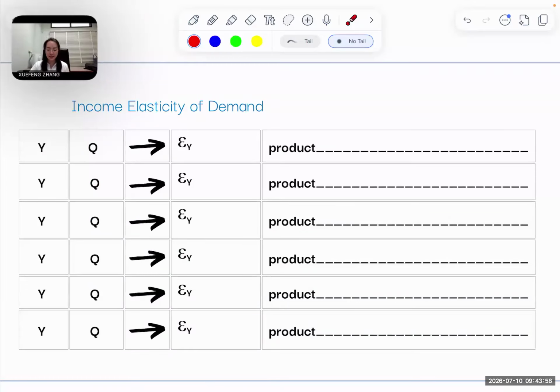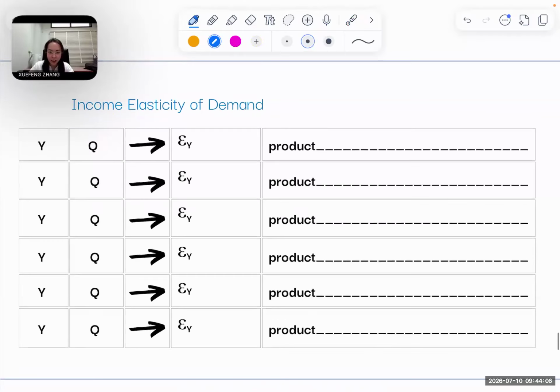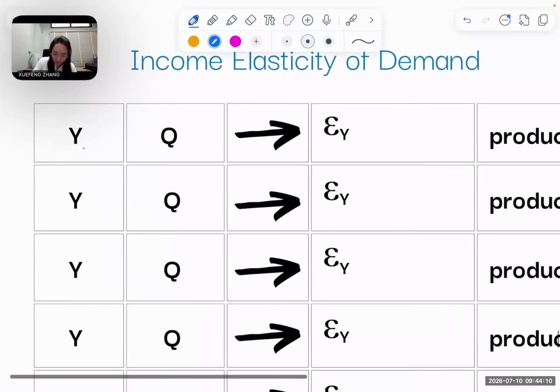Okay, so let's see the income elasticity of demand. This is a complete summary table. So Y is our income and Q is the quantity.